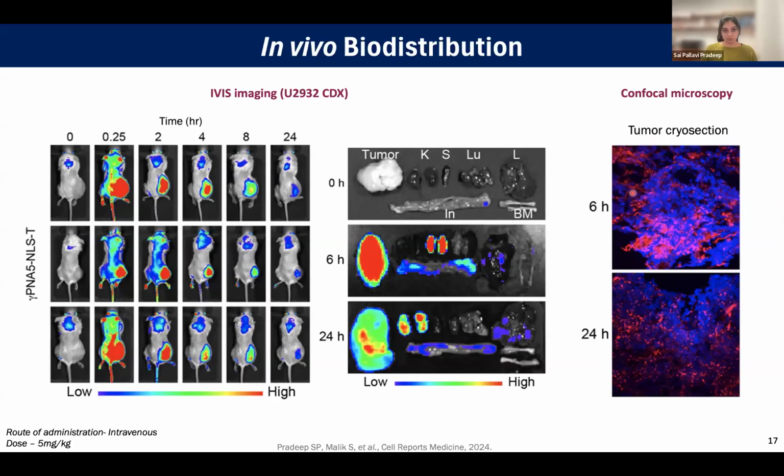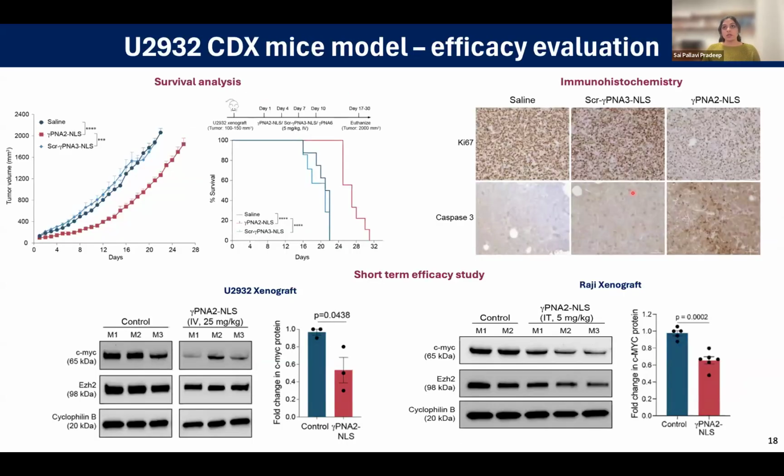So the first thing we did was we started testing these in U2932 cell-derived xenograft mouse models, and over here we conducted a survival study. So when we would implant U2932 cells, and when the tumors gained a volume of about 100 to 150 mm³, we would start dosing them with the PNA, and our terminal endpoint was when the tumors reached a volume of 2000 mm³.